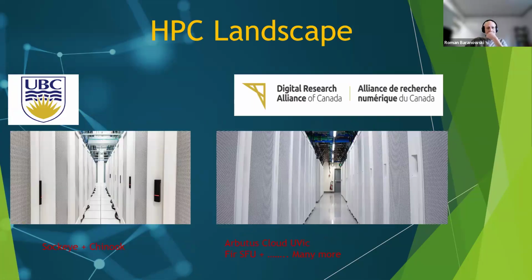At UBC, we are operating a computational platform and storage platform. It's accessible for everybody who is doing research within UBC. In addition, we have our internal resources, Chinook and Sockeye. Chinook is a storage platform and Sockeye is a computational platform.